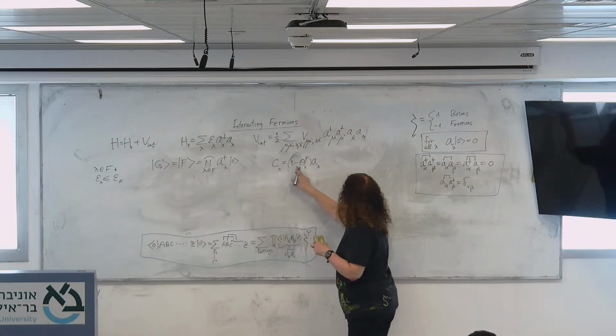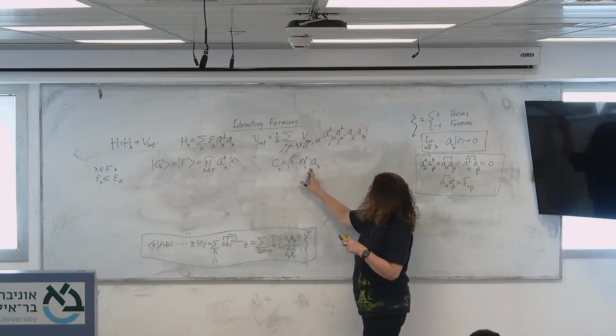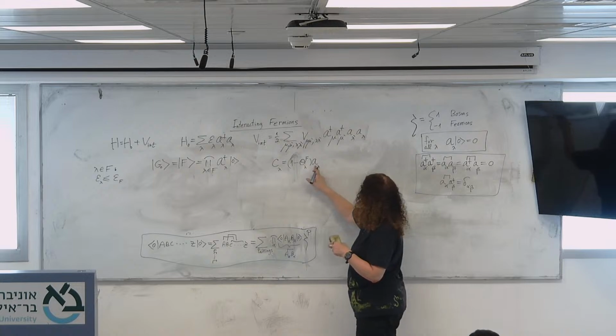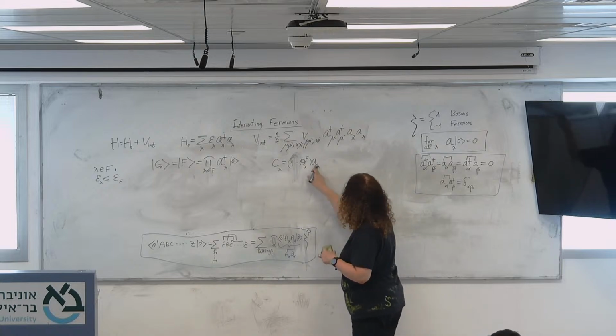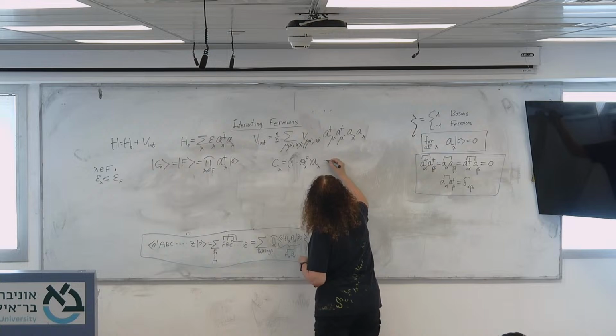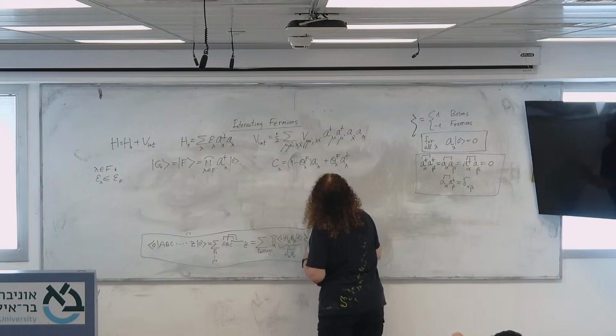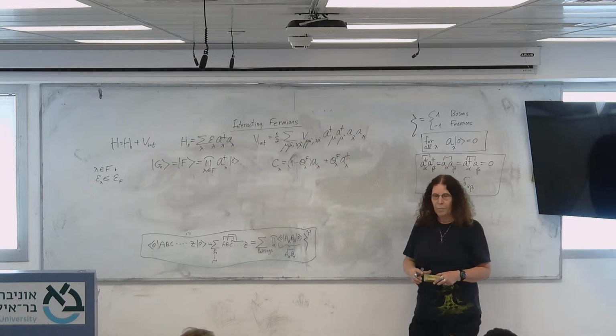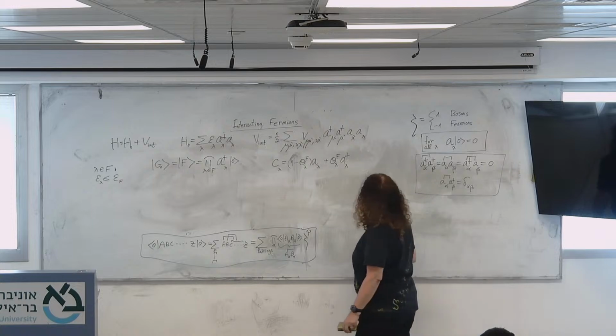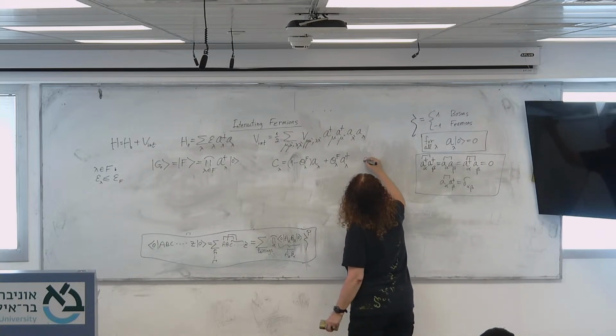So if it's not inside the Fermi sea, it is the annihilation operator A, but if it is, it's a creation operator, okay? And I remind you my definition of this theta.